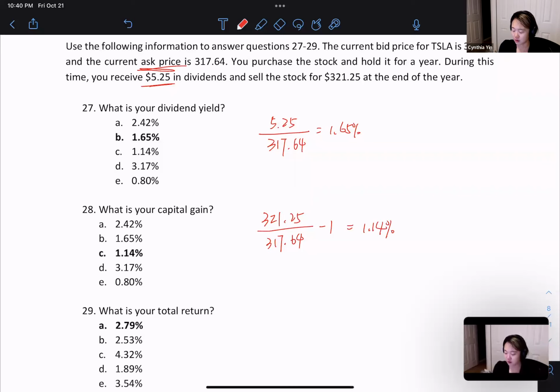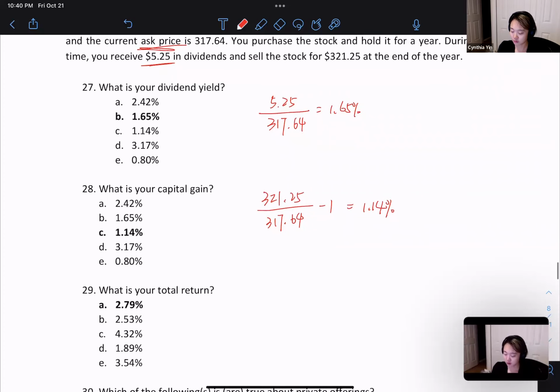So these are in the formula sheet. And your total return is very simple. It's just the two summed together, 1.65% plus 1.14% equals 2.79%. Okay.